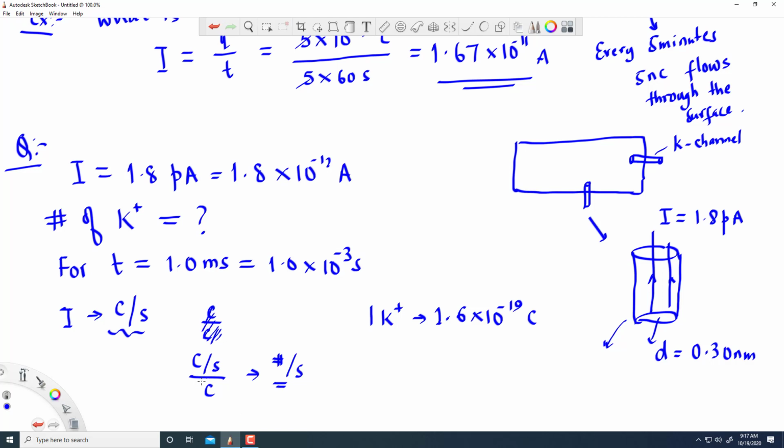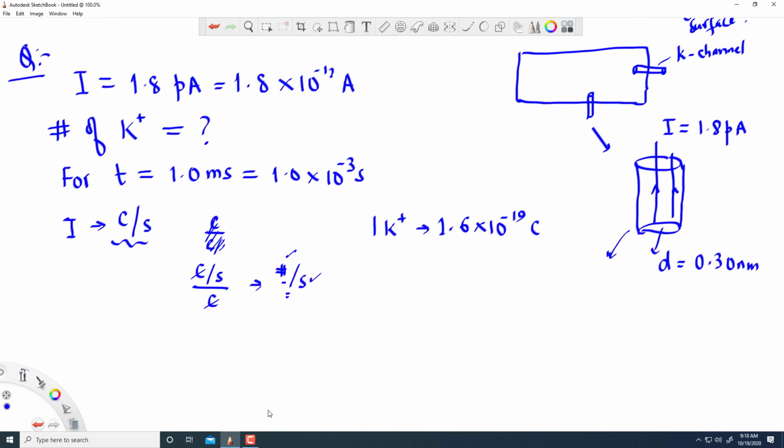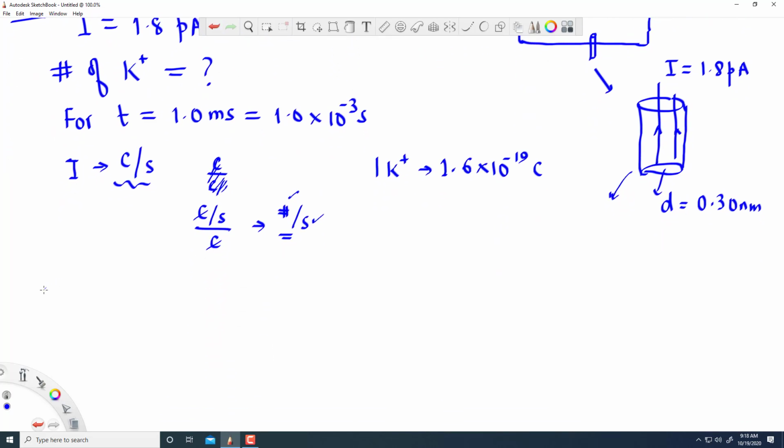So, just do the unit arithmetic here. We can cancel coulomb and coulomb, then we get number per second. So, to get the number of potassium ions per second, we can do this math.